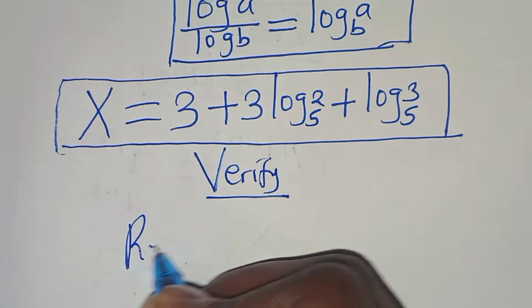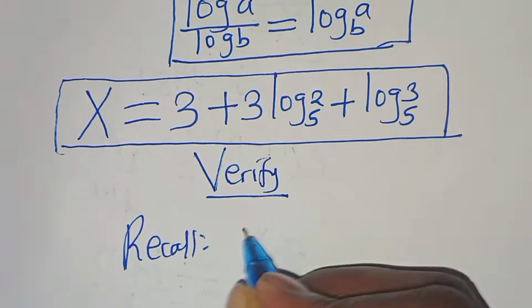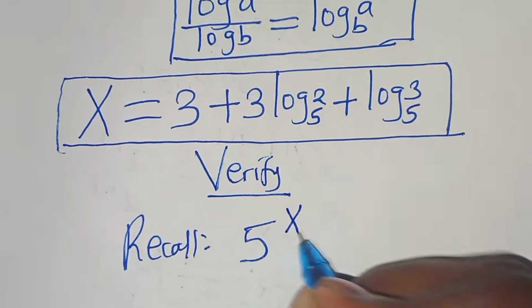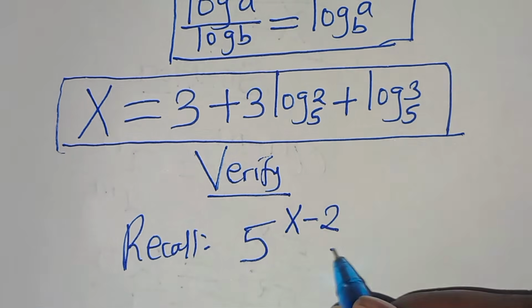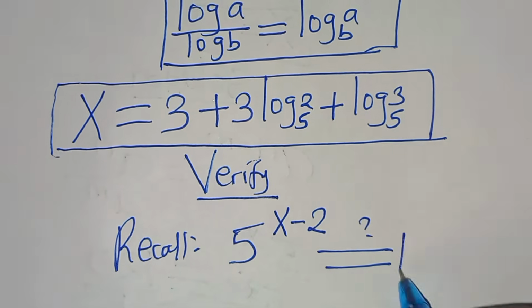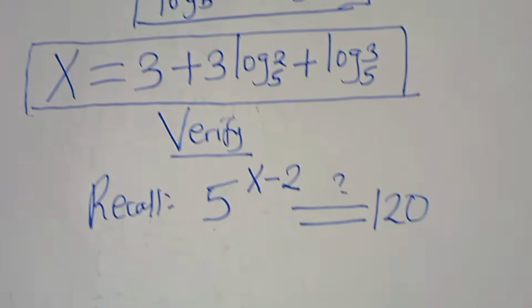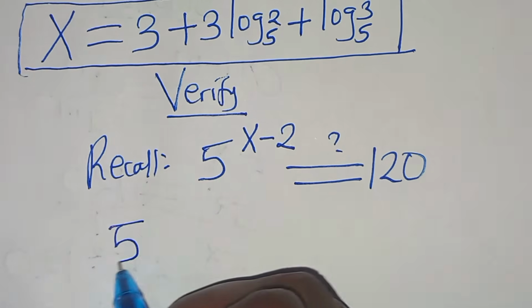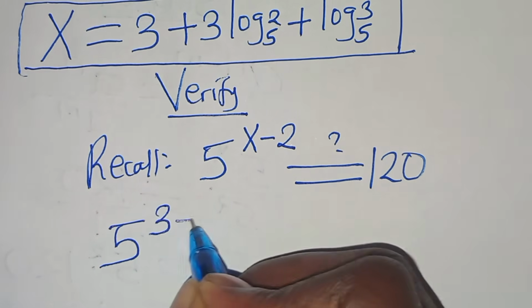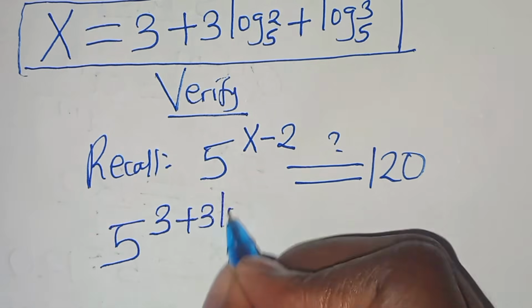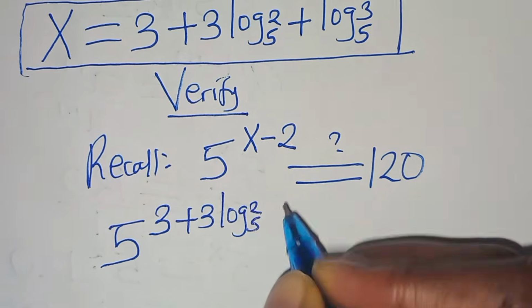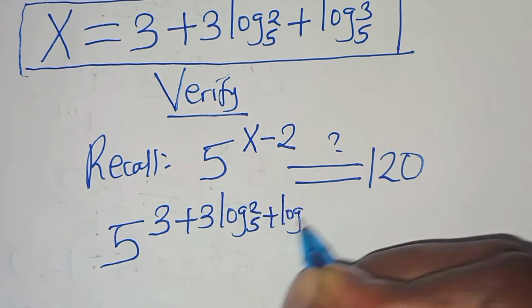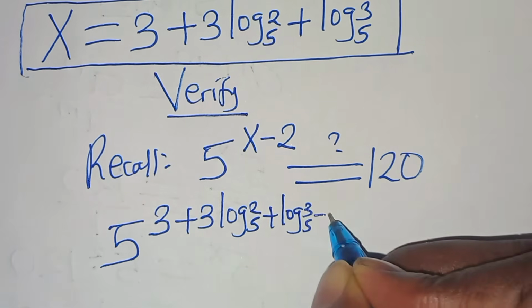So if you recall, we have that 5 to the power of x subtract 2 is supposed to give us a value of 120. So this means we can substitute x so that we have 5 to the power of 3 plus 3 log 2 to base 5, then plus log 3 to base 5, subtract 2.